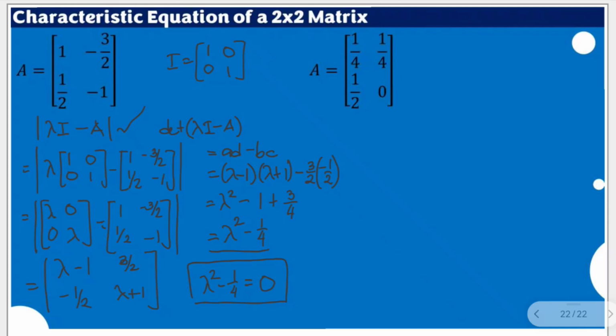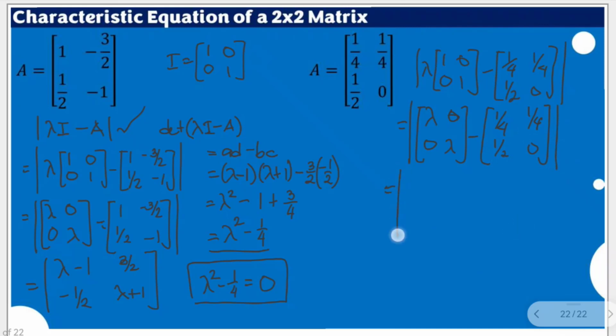So you'll have here lambda, and again, identity matrix 1, 0, 0, 1, minus A. So 1/4, 1/4, 1 half, and then 0. So you will have the matrix lambda, 0, 0, lambda, and then you will have minus the same 1/4, 1/4, 1/2, and 0.